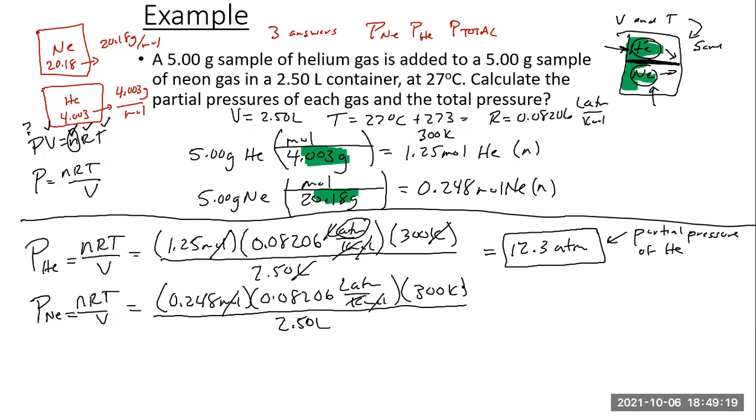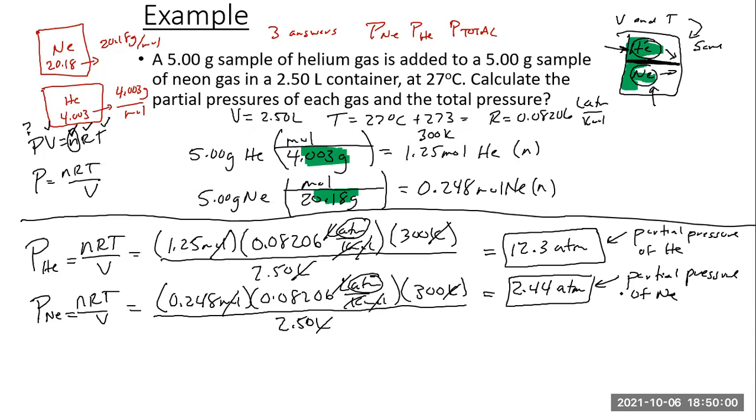Same canceling out occurs here, leaving us atmospheres. We get 0.248 times 0.08206 times 300 divided by 2.5, which gives us 2.44 atmospheres. This number represents the partial pressure of neon in this mixture of the two gases.